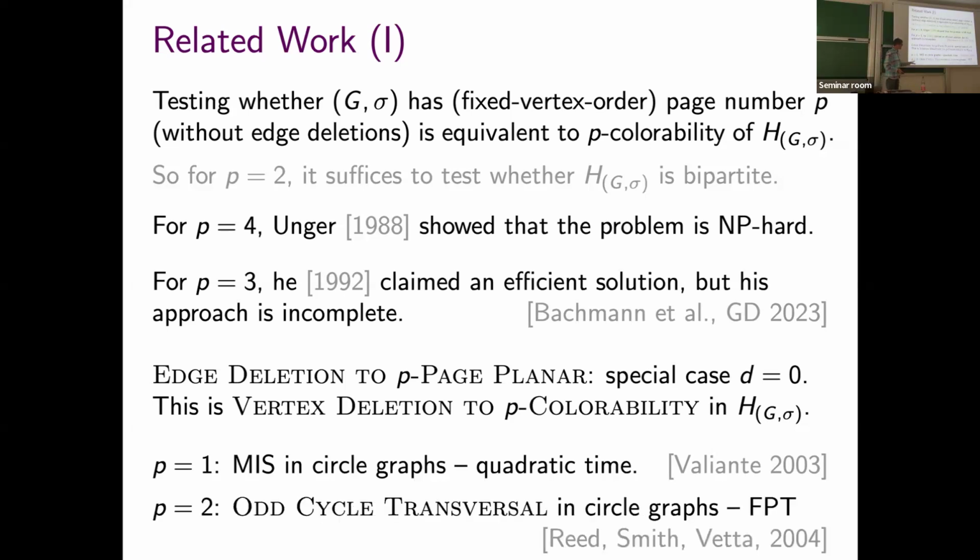And for p equals 2, I mean two-colorability is bipartiteness, so you want to destroy all odd cycles, and you have to remove enough vertices in order to destroy all odd cycles. So this is odd cycle transversal, and FPT algorithms for this are known.